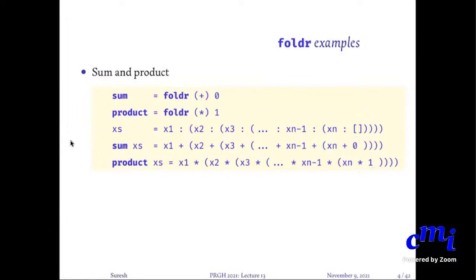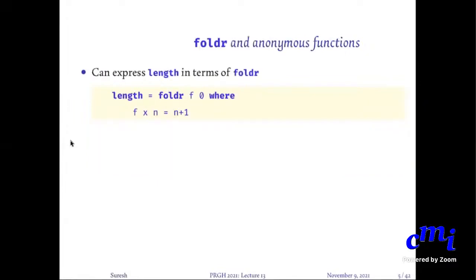So fold right is most natural when it comes to Haskell, but it is not always the case that foldr is the most appropriate thing to use. And while we are looking at foldr, foldl, etc., I also introduced anonymous functions. Rather than having to give this thing a name, instead you might just say foldr of lambda x n, n plus 1.